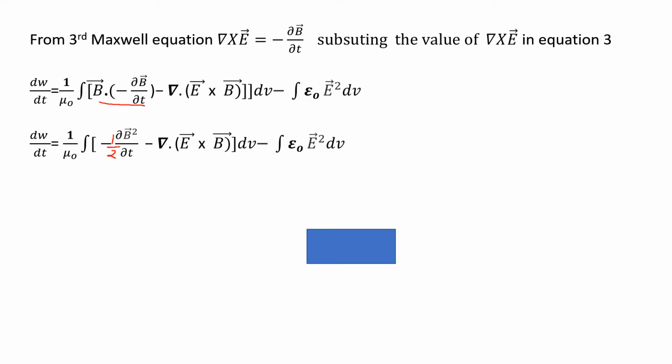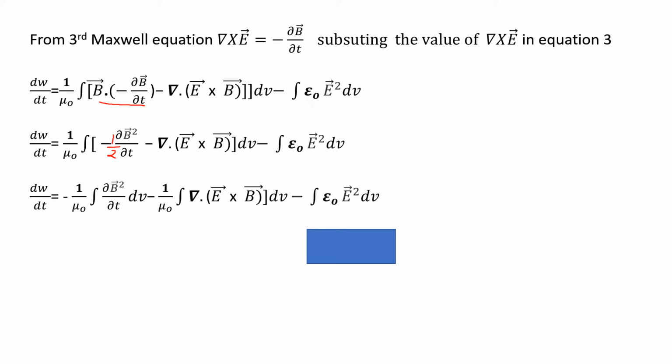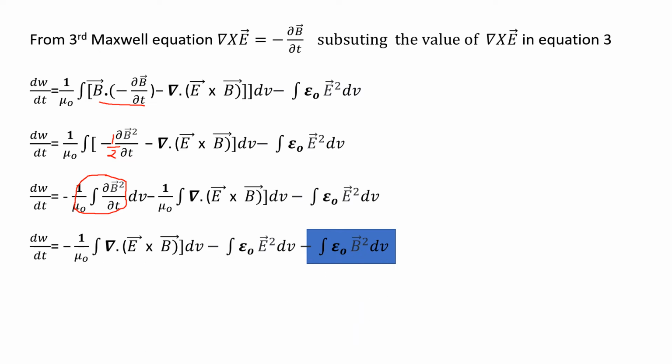If I open this bracket and write the equation like that, then again I found this, and now this is again, and we can omit the del by del t. So again, what does this equation become?